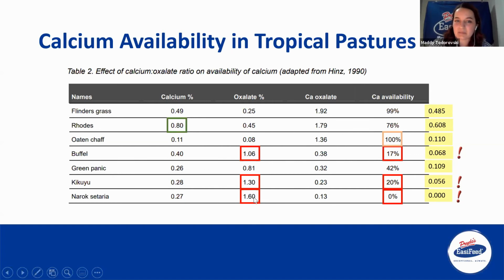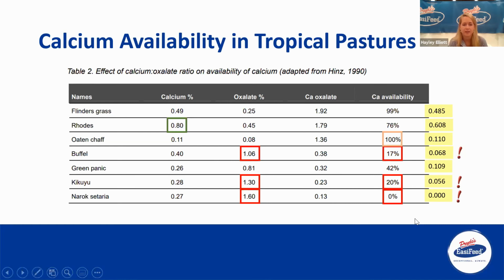But because there's 1.6% oxalate and calcium availability is 0%, they get nothing from the setaria grass. So even though there's more calcium here, they have nothing available to them. And even though this is such a small amount, they've got all of it available in the oaten chaff. So that just puts into perspective the amount of calcium that may already be there, but the amount that's actually available to the horse.